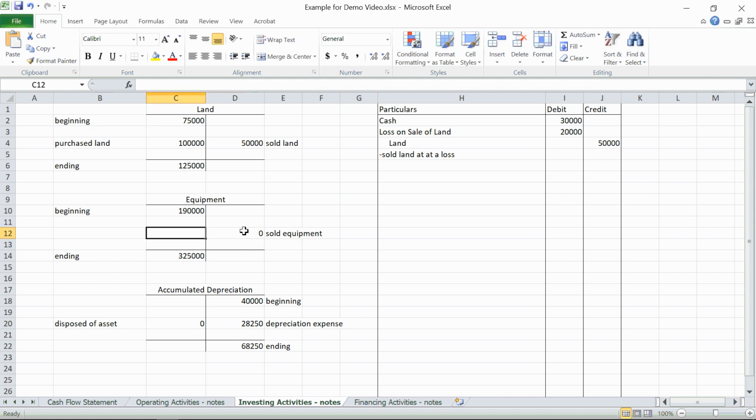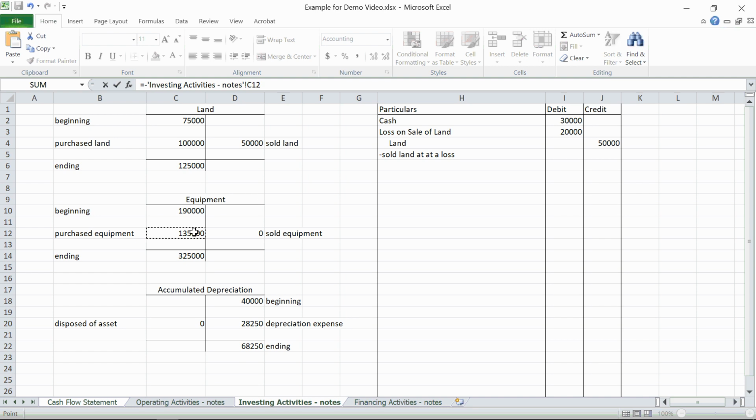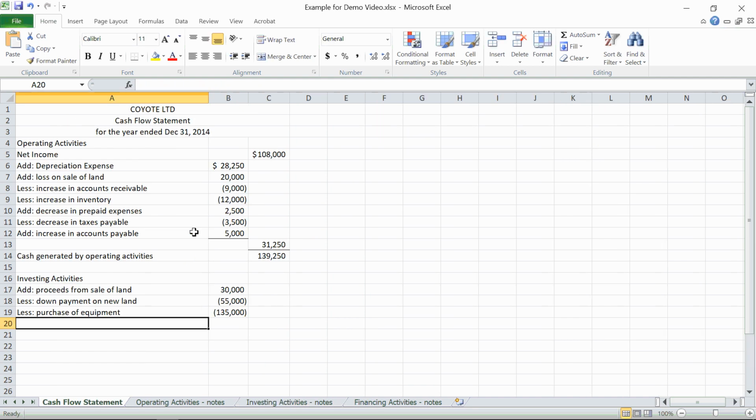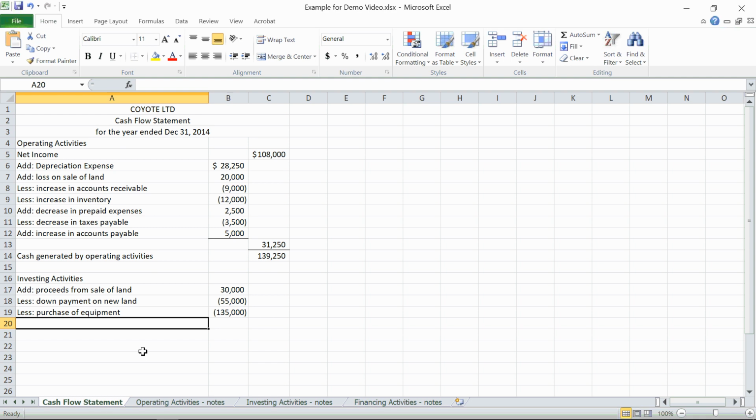And so the whole change in this account must be the result of purchasing equipment for $135,000, and we're not given any more information about that, and so we have to assume it was for cash, and that would be a cash outflow: less purchase of equipment of $135,000. And so I now know everything that happened on both sides of my land account, on both sides of my equipment account.